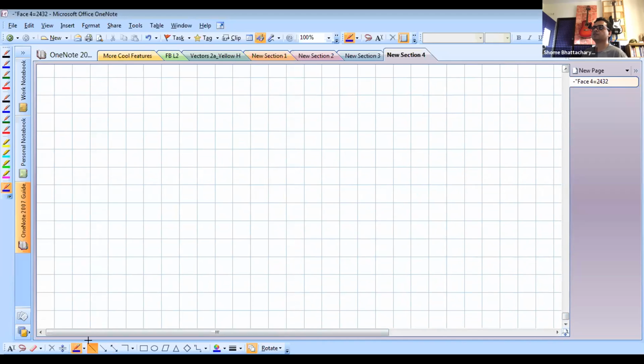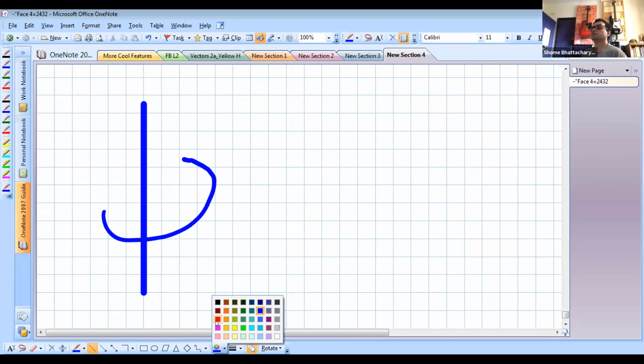First, let's understand the actual given question. You have this infinite line of charge, and also some kind of a semi-ring around it.